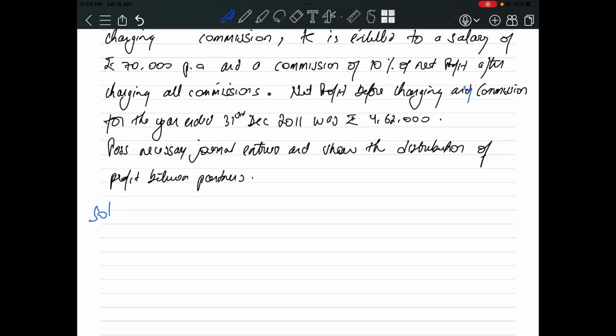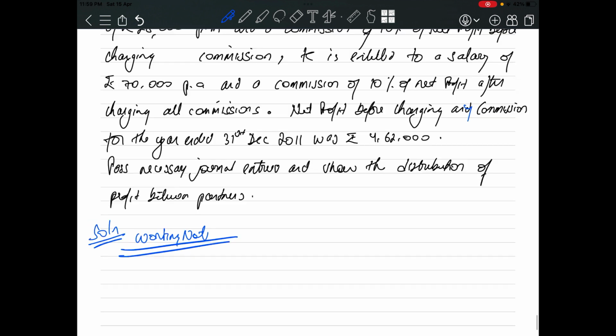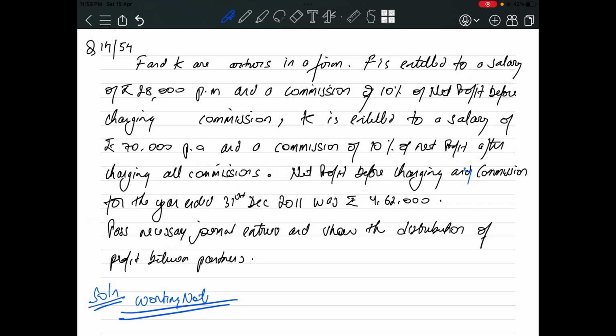Now before that, let's do some working note. So the first thing: salary of 28,000 per month, and commission before charging commission.